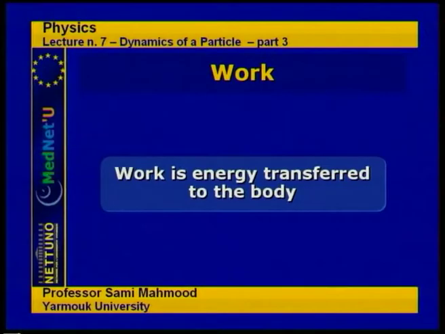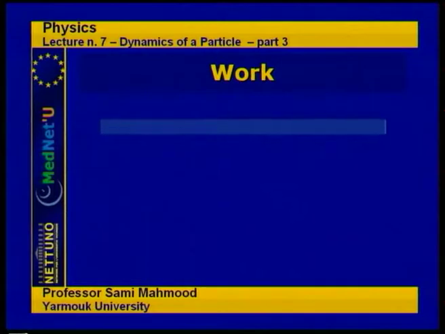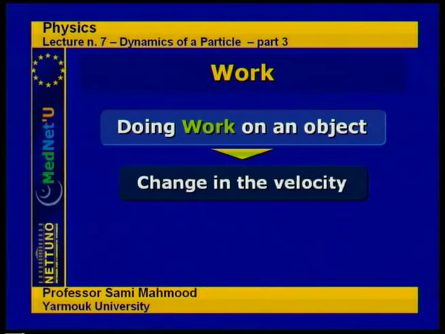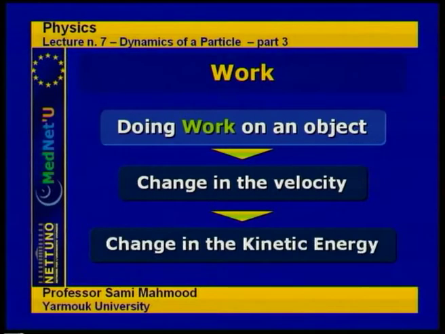Doing work is the process by which this transfer occurs. So work is energy transferred to the body, and doing work is the process by which we do that. Doing work leads to a change in the velocity, and thus a change in the kinetic energy, as we mentioned.